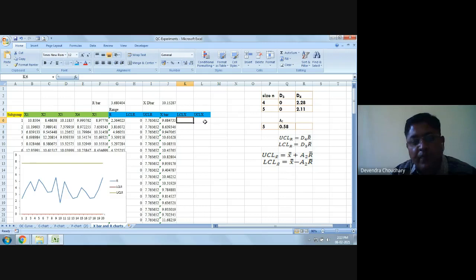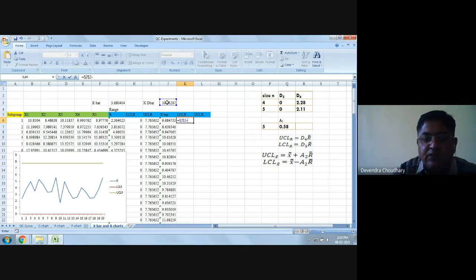So here that is X double bar, and this we freeze as it is a constant value, minus A2, we take this 0.58 multiplied by this R bar value, and both these are again frozen by pressing F4 key, till we get a value.